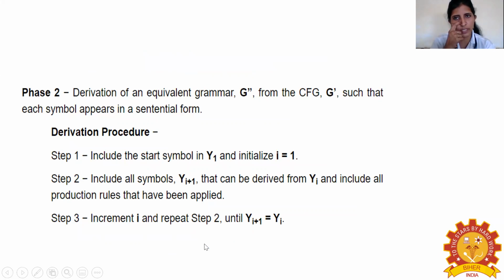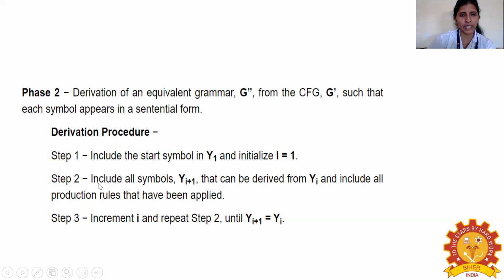And next, phase 2 is the derivation of an equivalent grammar G'' from the context-free grammar G', such that each symbol appears in a sentential form. The derivation procedure is as follows. In step 1, we include the start symbol in Y1 and initialize i = 1.